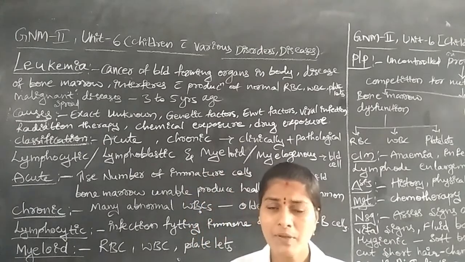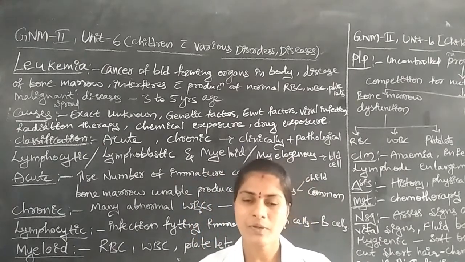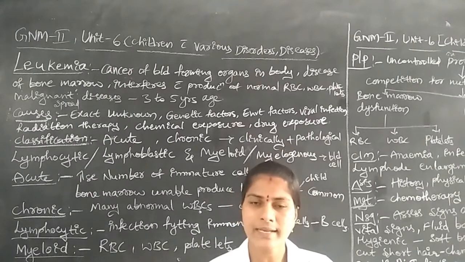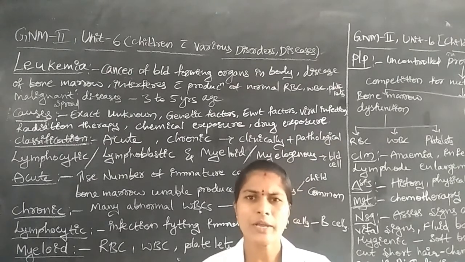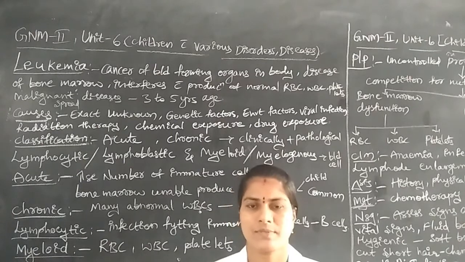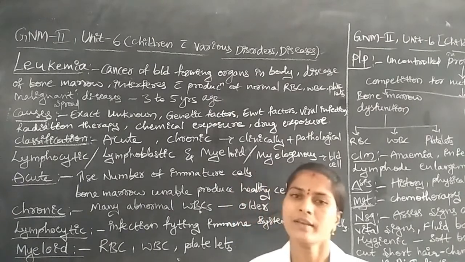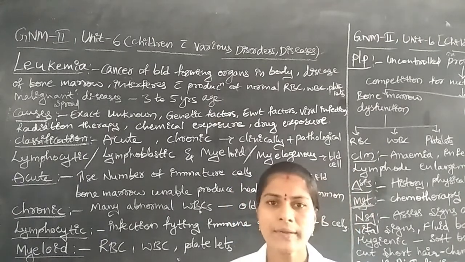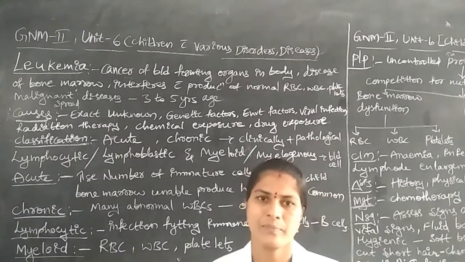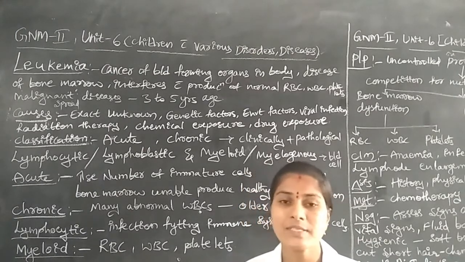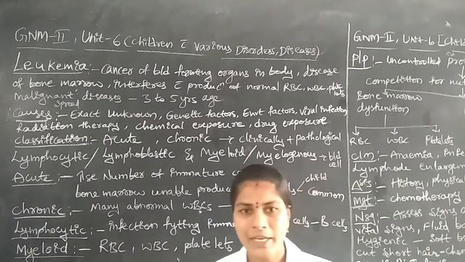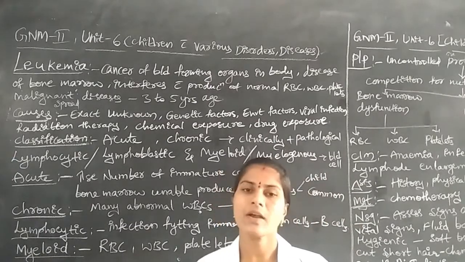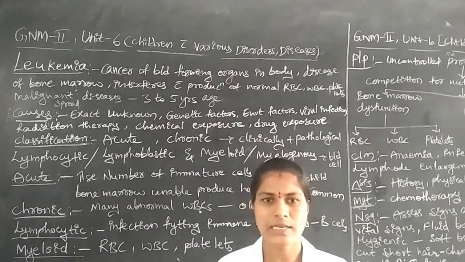Depending upon the severity, the pathological status or clinical status, leukemia is divided into two types: acute leukemia or chronic leukemia. These are the two types divided depending upon severity, clinically or pathologically.